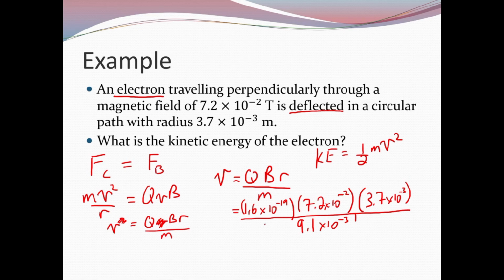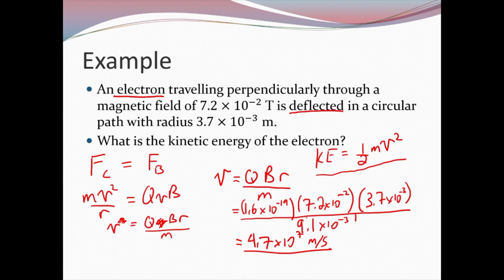Putting all of these numbers into our calculator, we get a speed of approximately 4.7 times 10 to the 7 meters per second. Now we have the speed of our particle, and we can calculate its kinetic energy using this equation. We have the mass of the electron as 9.11 times 10 to the negative 31.